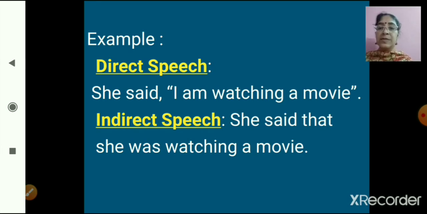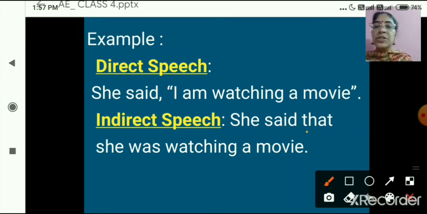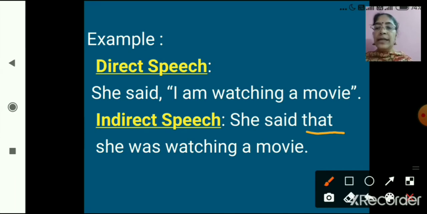As you are describing it in your own words, you have to use the word that, as well as change the tense of the speech, as it is already spoken and now you are narrating it to someone else. So, she said that she was watching a movie. Remember, the tense of the verb has to be changed.